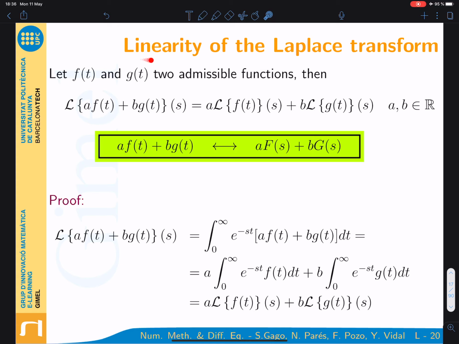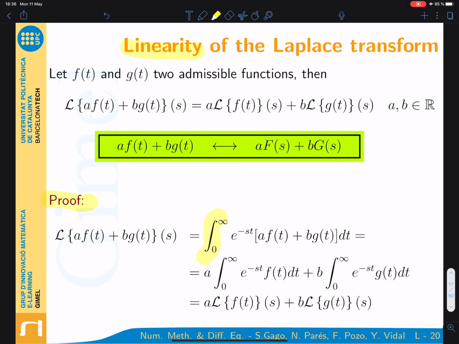This is the linearity property, and it's pretty simple to prove, and it's just inherited from the linearity of the integral operator. The integral operator is linear.